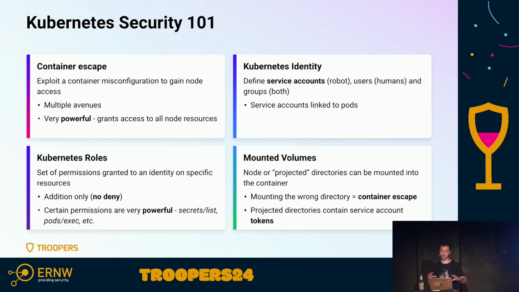And last, in the model, you have volumes, and volumes can be a way to make a bridge between containers and nodes, and this is why we also want to emphasize it, because it's really important in the model.